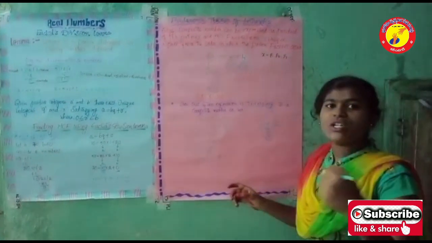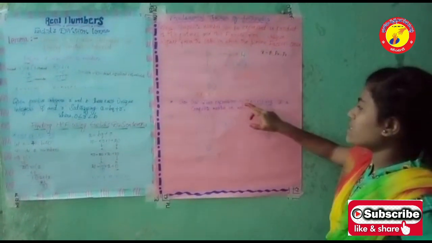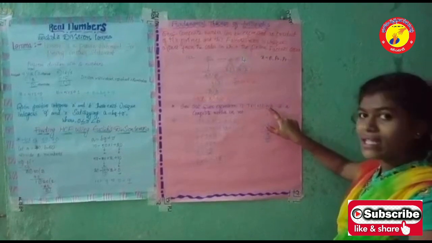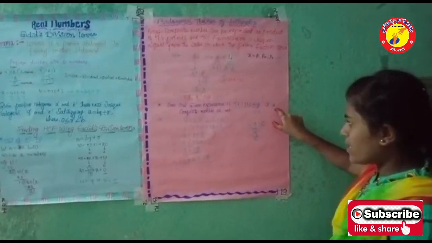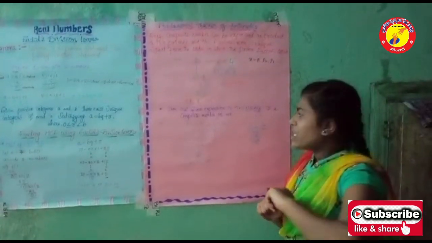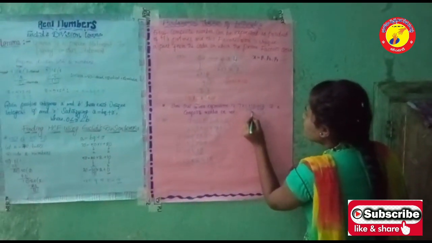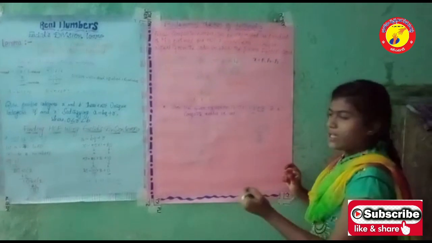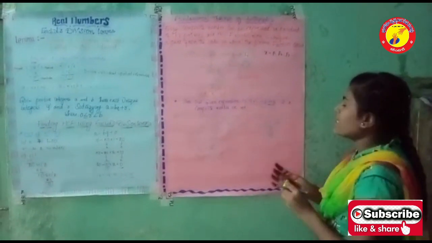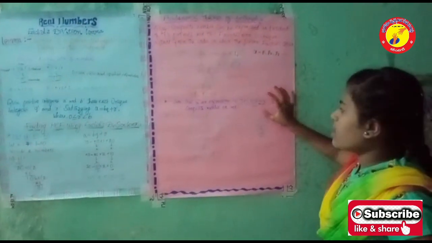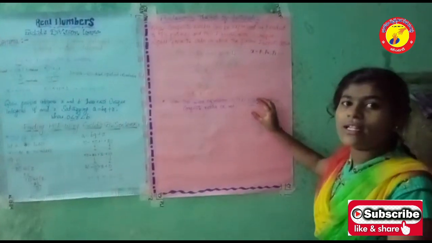If an expression is given, show that the expression 7 into 11 into 13 plus 13 is a composite number or not. Here this complete product will be one term and 13 will be another term, because the plus sign is separating them. Next look for the common terms.